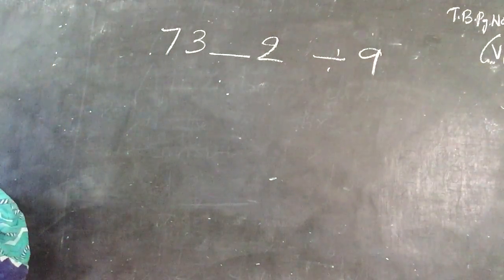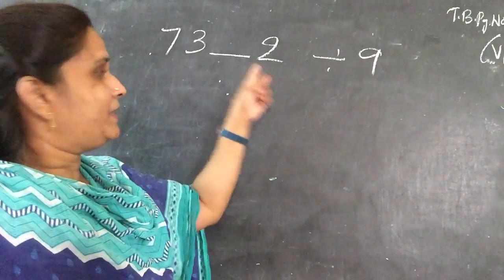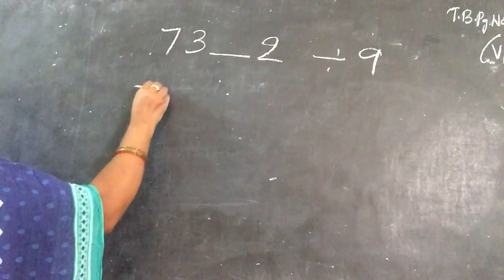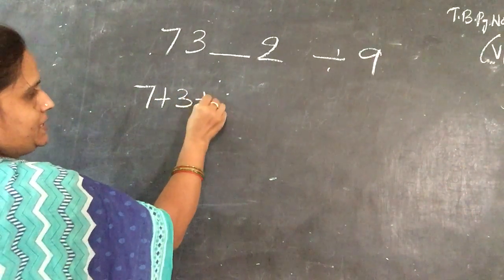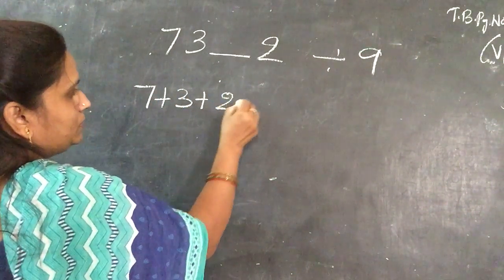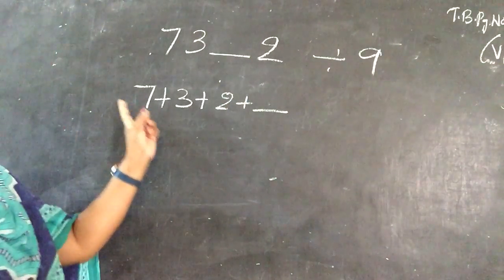So what is the rule for the divisibility test by 9? First we have to do the total of the digits. 7 plus 3 plus 2 plus the last blank I am leaving for last.